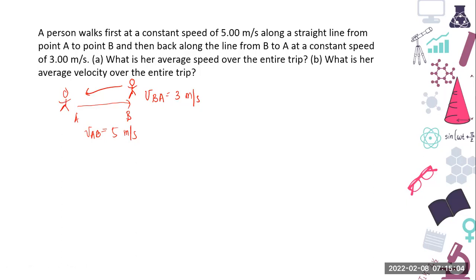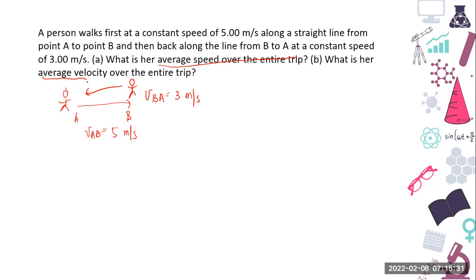So what are we looking for in the problem? What is her average speed over the entire trip? And what is her average velocity? We know very well the difference between average velocity and average speed. Speed is, of course, talking about distance over the change in time, whereas velocity talks about displacement over the change of time.